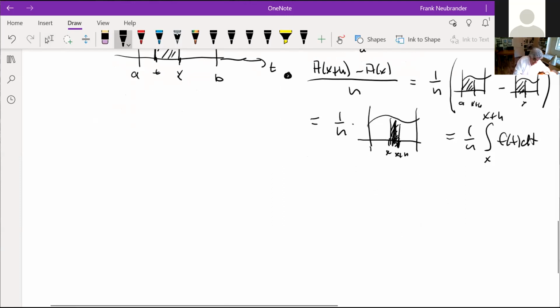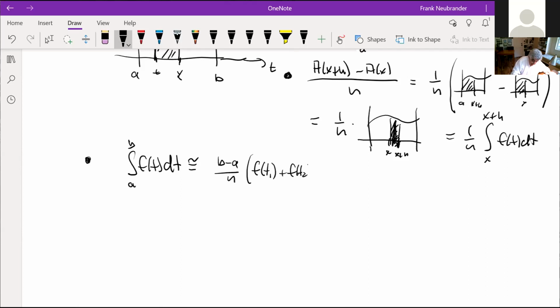There you know that the integral from a to b of f of t dt, if we use Riemann sums, is the same as the limit as n goes to infinity of b minus a over n times, if you use the right endpoint rule, f of t1 plus f of t2 plus up to f of tn.